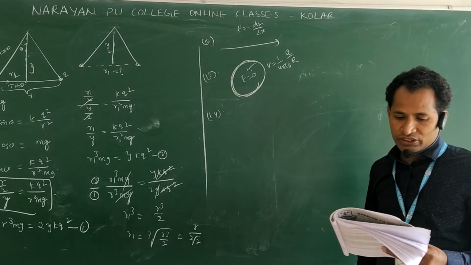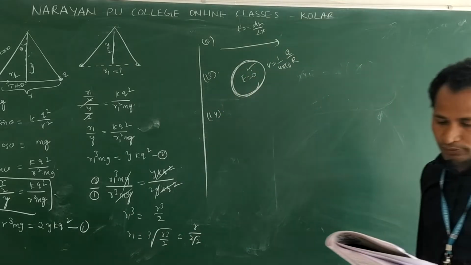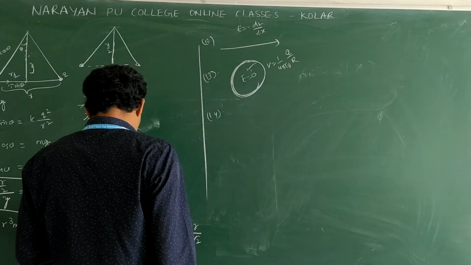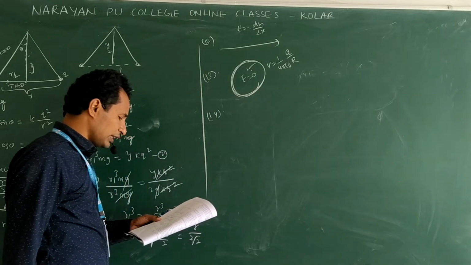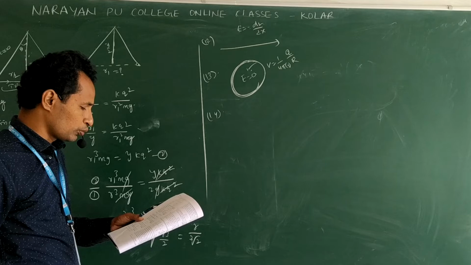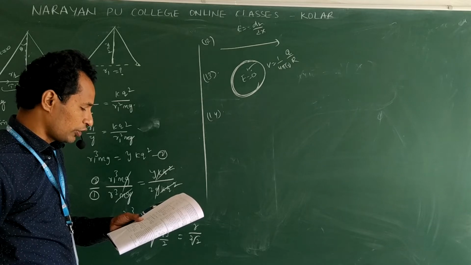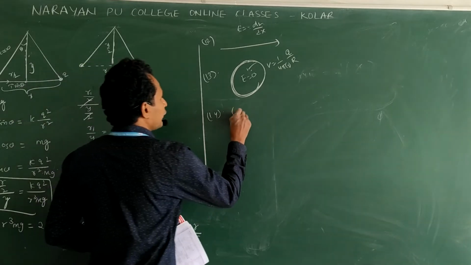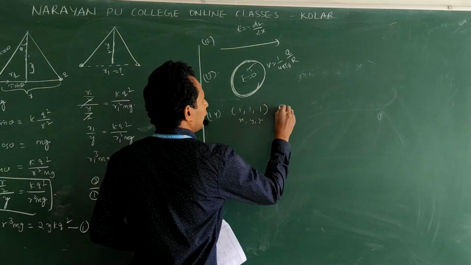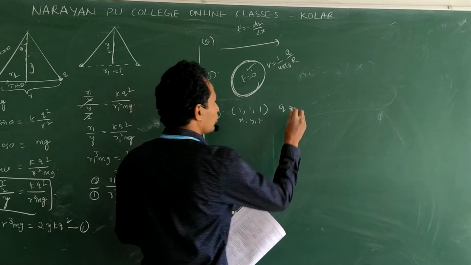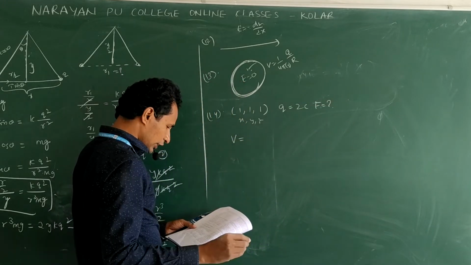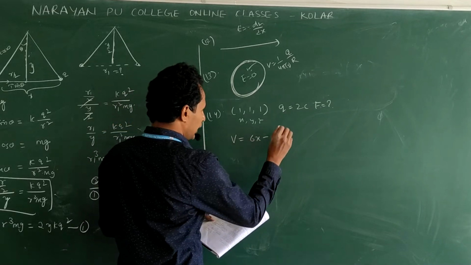In a region, the potential is represented by 6x minus 8xy minus 8y plus 6yz, where V is in volts, and x, y, z are in meters. The electric force experienced by the charge of 2 coulombs situated at 1, 1, 1. They gave the point x, y, z as 1, 1, 1, and the charge q is equal to 2 coulomb.